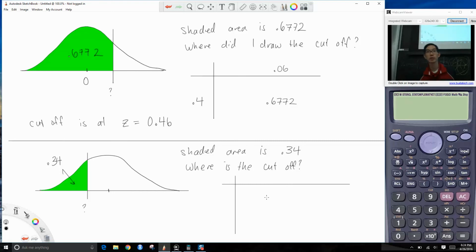We'll just say the shaded area is 0.34, or at least very, very close to it. So maybe not exactly 0.34, but very close to 0.34. And where is our cutoff then?